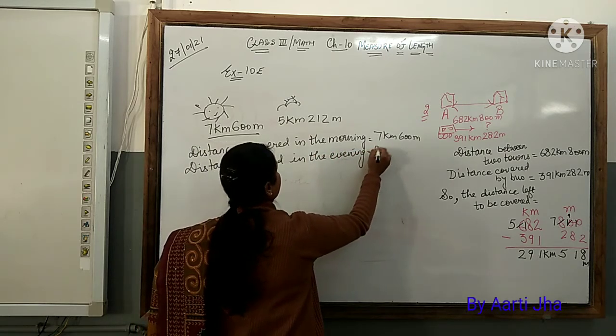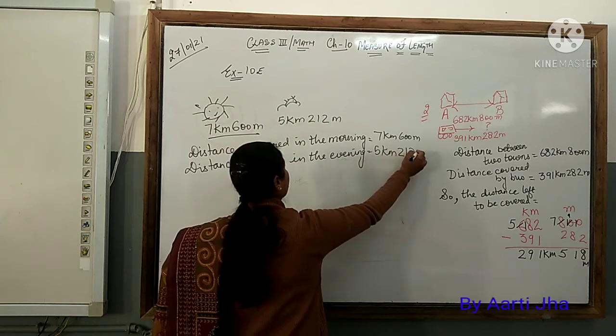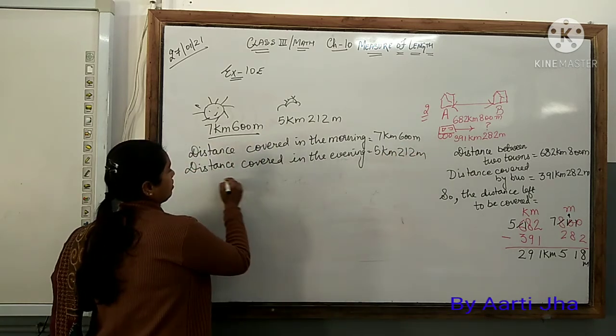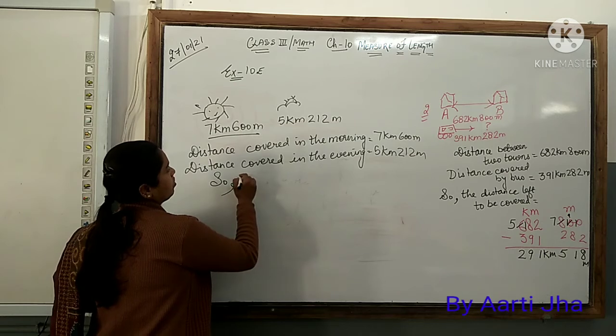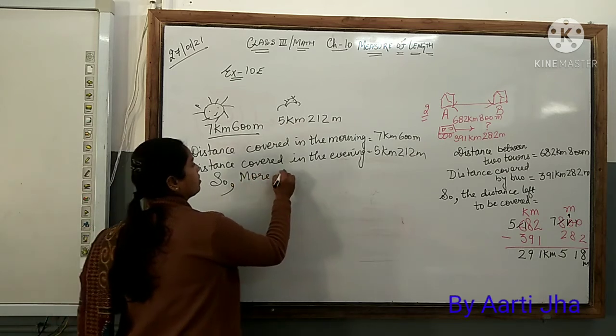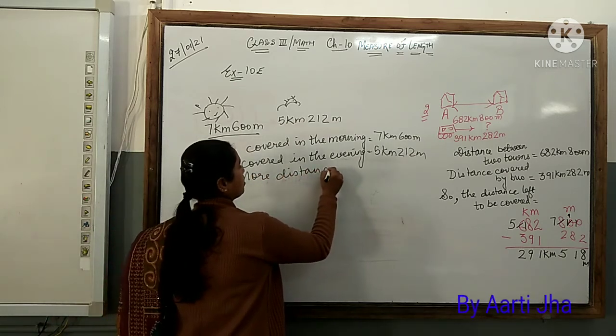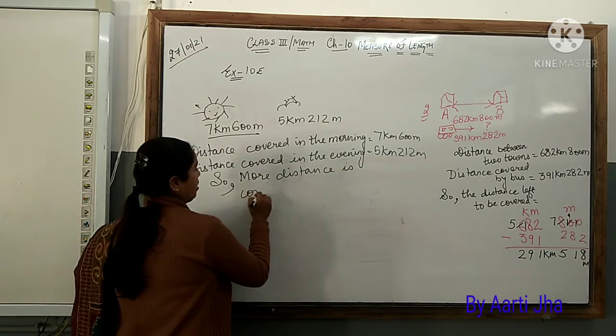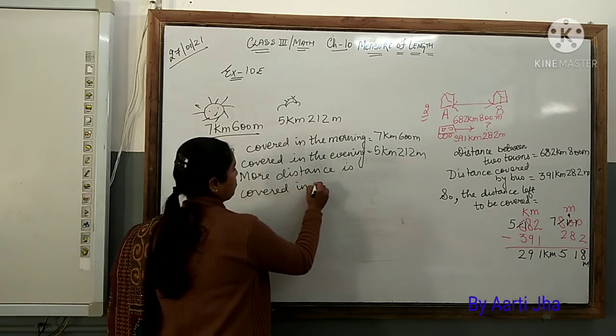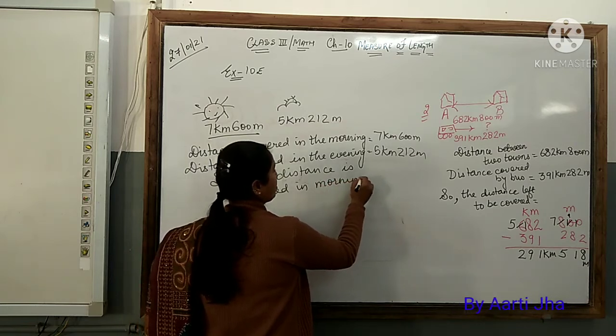How much is it? It is 5 kilometer 212 meter. Then more distance is covered in morning, and by how much is it?